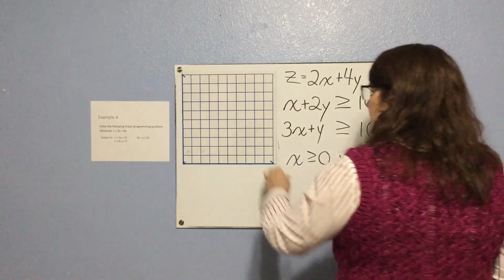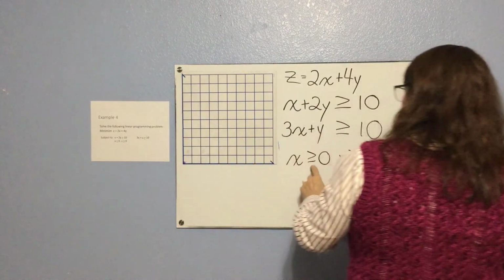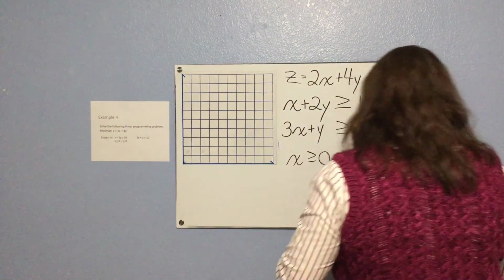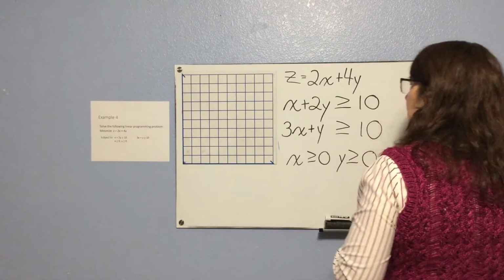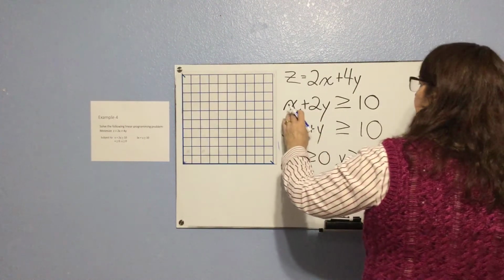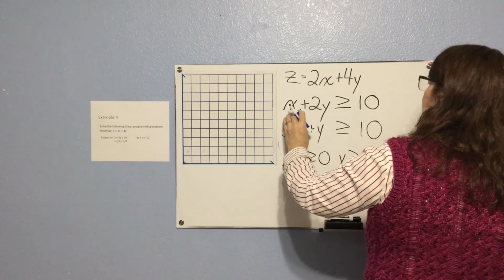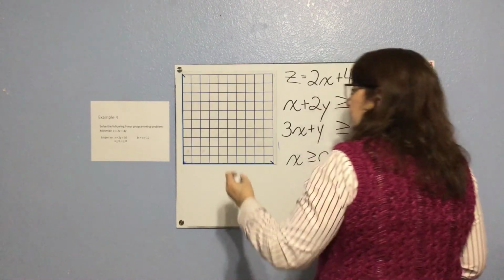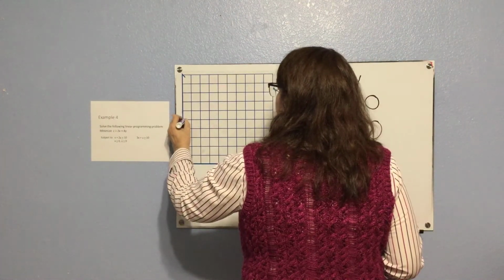So again, we'll just use the edges of our graph for these two and work the other two in the first quadrant. So for this one, if I let x be 0, then y is going to be 5. So that point would be right here.